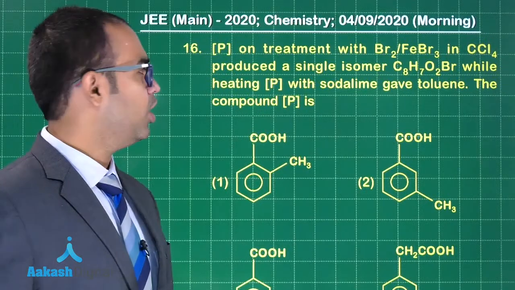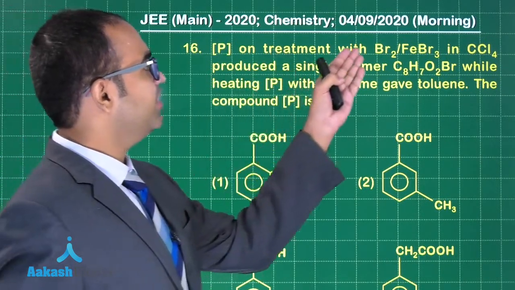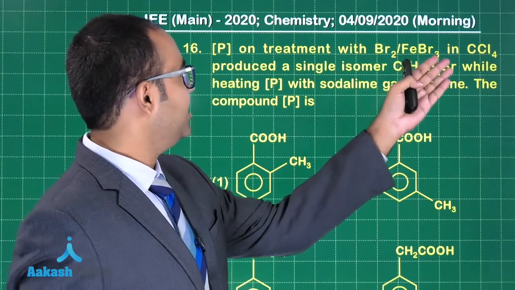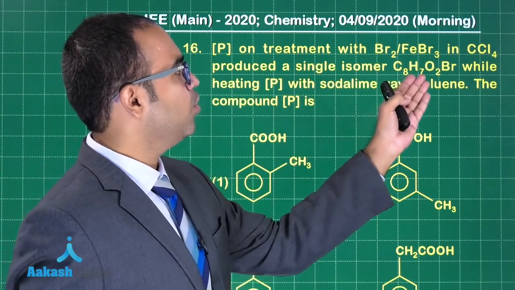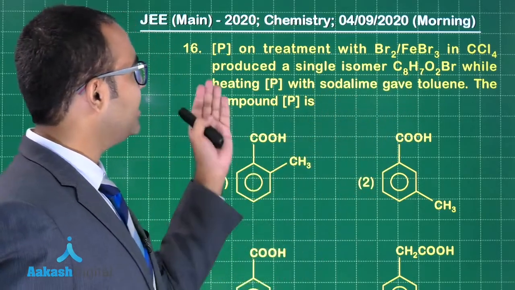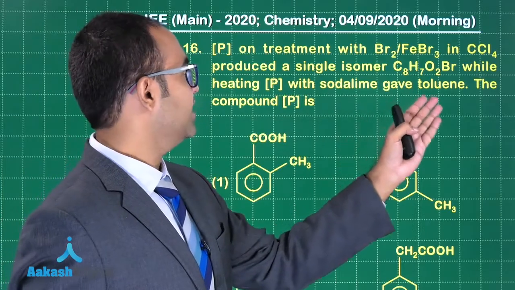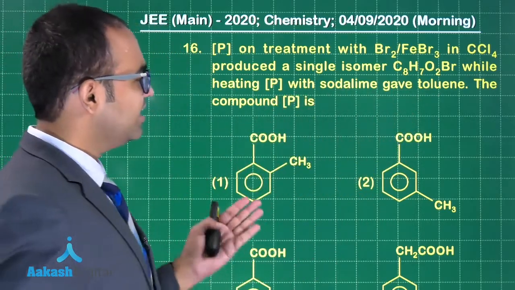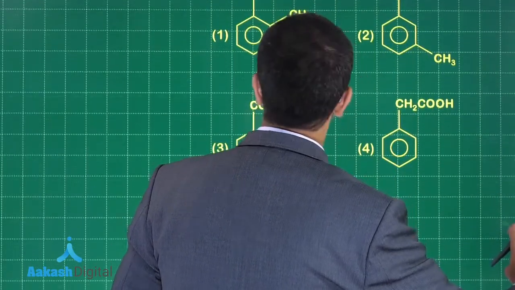Okay, let us solve question number 16. P on treatment with Br2 and FeBr3 in CCl4 produced a single isomer C8H7O2Br, while heating P with soda lime gave toluene. What is the compound P? Let us look at the options we have, guys.